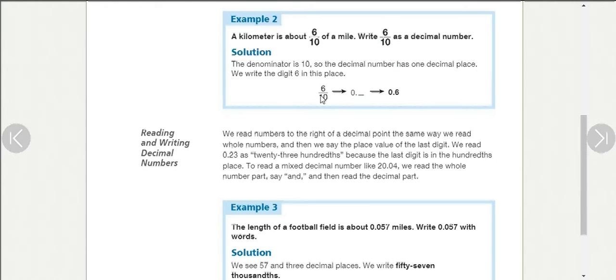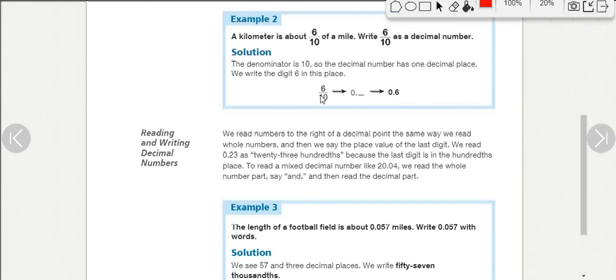Or you can know that the tenths place is often shown as 1 over 10, right? Tenths. So when I see something over 10, I know it belongs in the tenths place. Fair? All right.